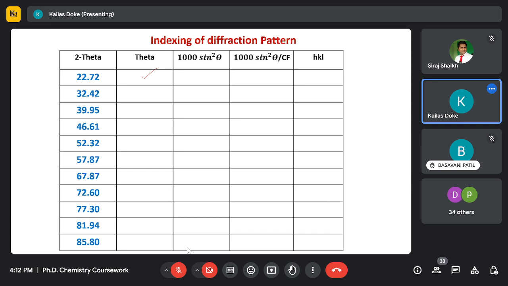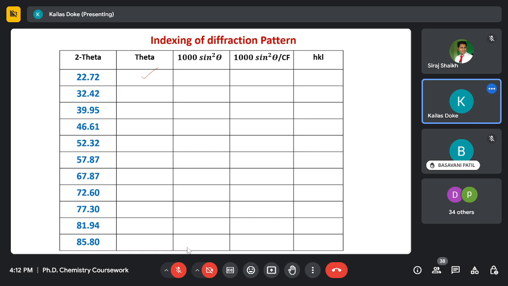Fourth value minus third value is again close to the first value. So I selected the common factor as the second peak 1000 sine square theta minus the first peak 1000 sine square theta, which is very close to the first 1000 sine square theta, which is called the common factor.